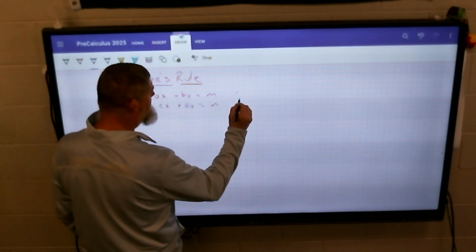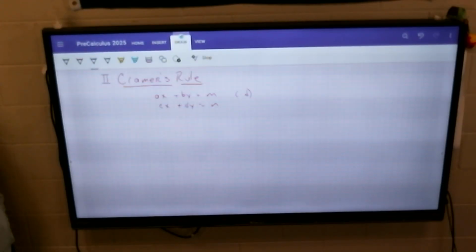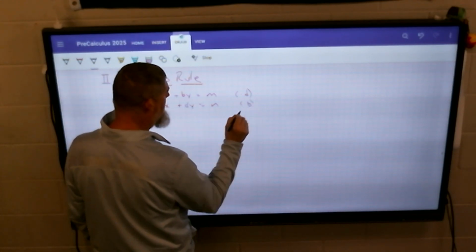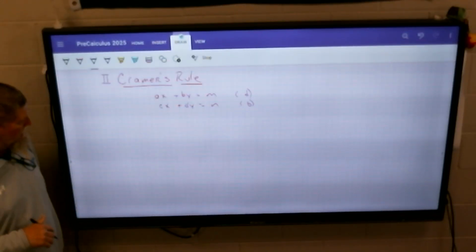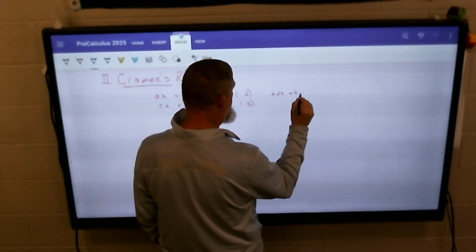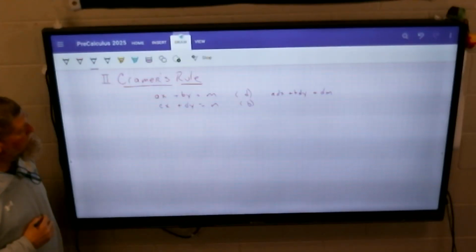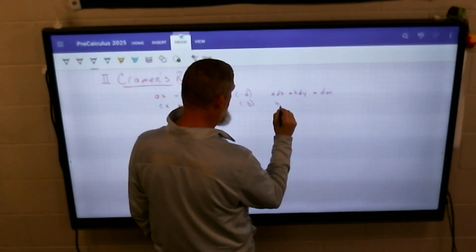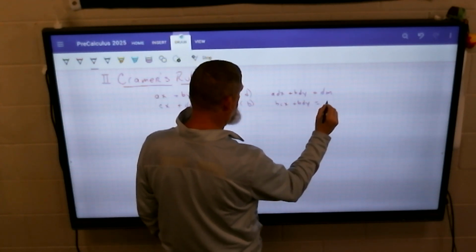So I'm going to take the top one and multiply by the coefficient D, and I'm going to take the bottom one and multiply by the coefficient B. So multiply all the top ones by D, all the bottom ones by B. So I'm going to have ADX plus BDY equals DM, and the bottom one, BCX plus BDY equals BN.